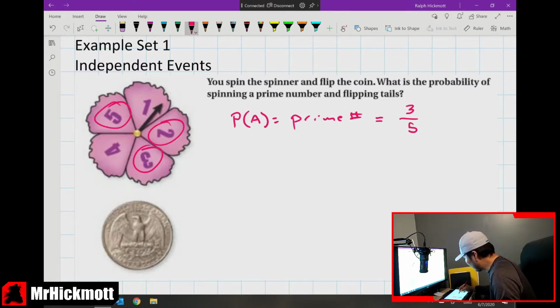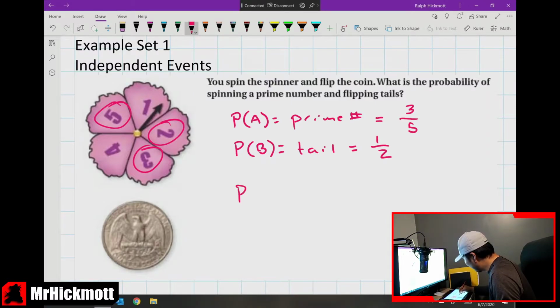Now, as we look at the probability of event B, flipping a coin and getting tails, flipping a coin does not change its probability based on spinning the prime numbers. So these are independent events because they don't interact with each other. So the probability of B, a tail, is going to be 1 out of 2.